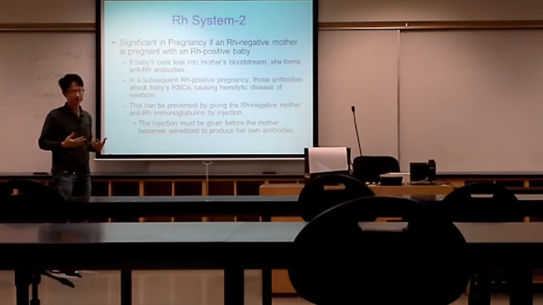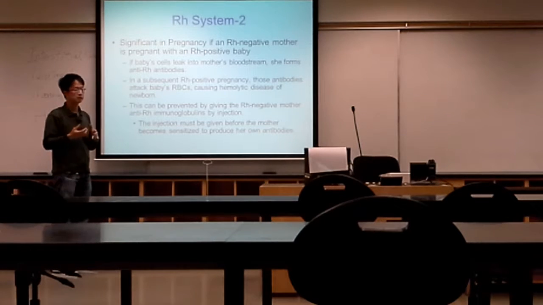There's a placenta, you know the placenta. Theoretically, the function of the placenta is to separate the blood of the mother and the blood of the baby so that they do not mix. Practically, the placenta is not perfect. Some of the baby's cells can go into the mother's bloodstream. When the mother detects some of the baby's cells, she will start to make anti-Rh antibodies.